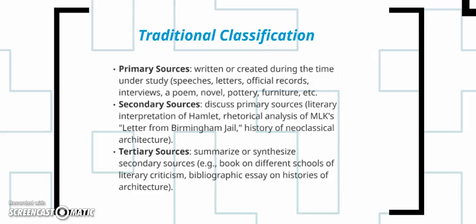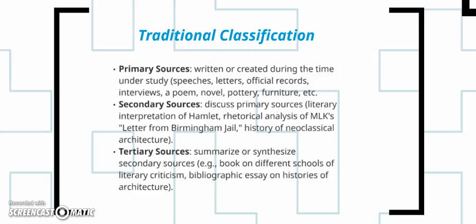And let's just take your rhetorical analysis for an example. If you're doing it on President Obama's bin Laden speech, then the speech itself is a primary source. Secondary sources are sources that discuss primary sources, and these might include something like a literary interpretation of Hamlet or a rhetorical analysis of Martin Luther King's Letter from Birmingham Jail, or a history of neoclassical architecture.